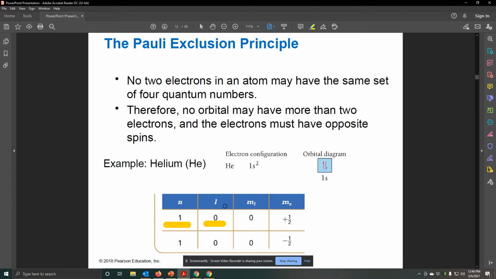When l is 0, it's the S subshell. ml is our orbital, and then one of those electrons in here is going to have a +1/2 spin, and the other one will have a -1/2 spin. No other element is going to have these same quantum numbers. That's why we represent the orbital as having 2 electrons but with opposite spins.